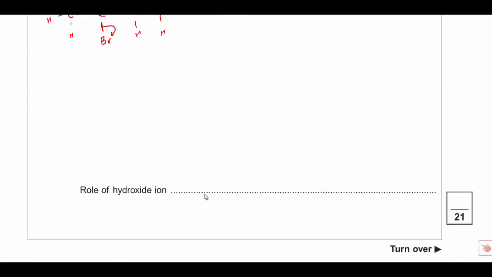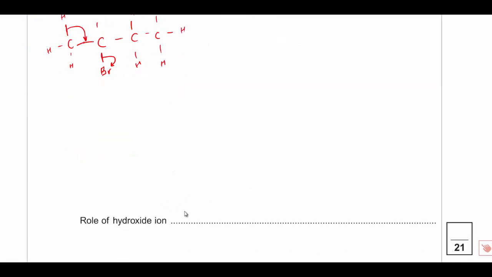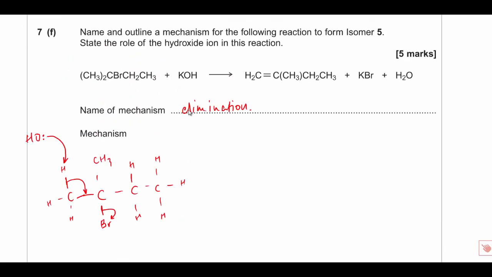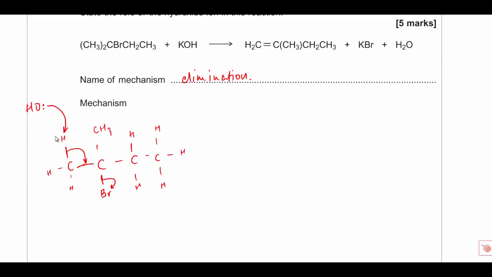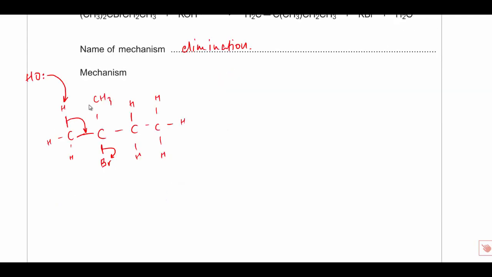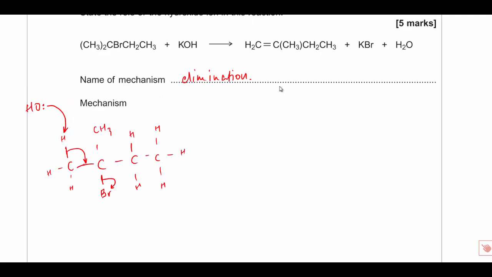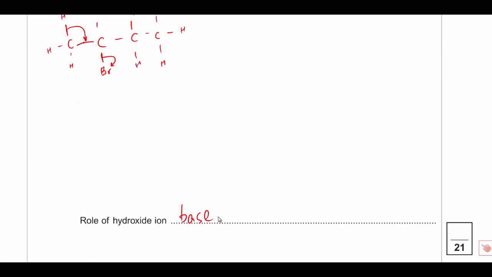Hydroxide ion. I was going to say I couldn't see that there. Hydroxide ion is a base in this reaction, and the giveaway is that we've got no nucleophilic electrophilic part there, so it's acting as a base. It accepts a hydrogen, a proton. So 1 mark, 2 mark, 3 mark, 4 mark. Don't make my stupid mistake, or if you do, realise like I did where your error is. It's got to be the formation of the alkene in that first position there, and it's acting as a base.